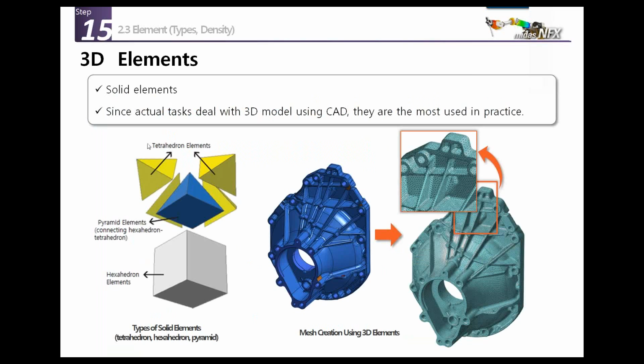Now 3D elements, so solid elements, are the most used in practice because they can really represent the real behavior of the model. The disadvantage of 3D elements is that they increase the computation load a lot, so you need to have a good computer if you have a big model.